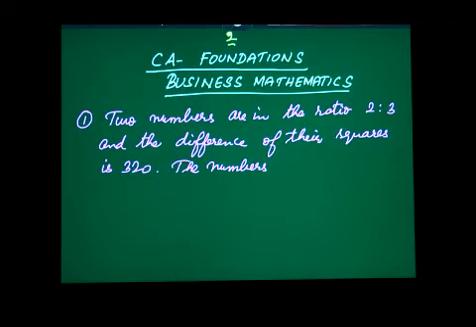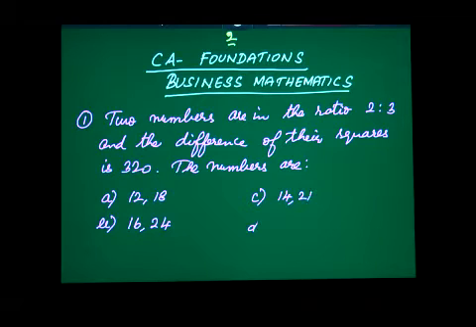The numbers are: option A 12, 18; option B 16, 24; option C 14, 21; option D none of these.